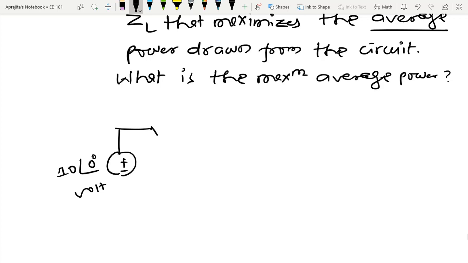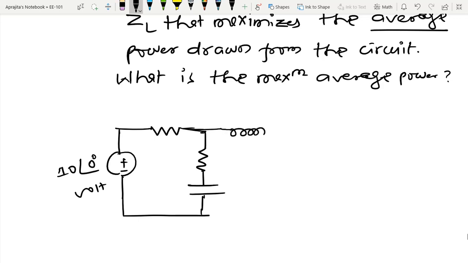After that I have one resistance, and another resistance connected with some kind of reactance, and again another reactance, and suppose this is our load ZL.